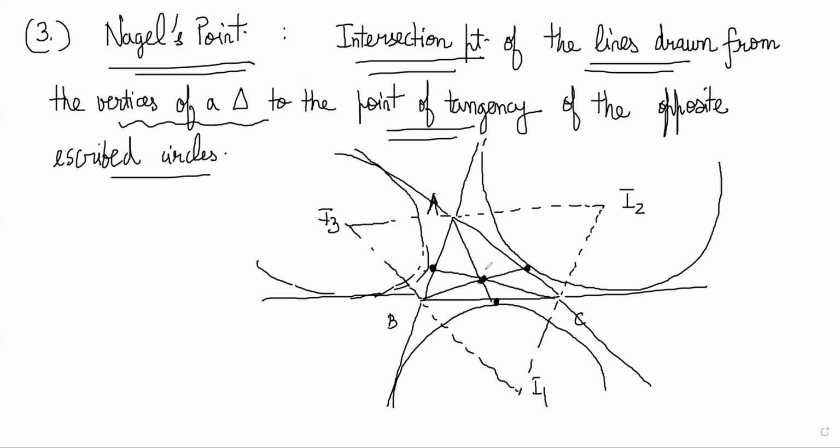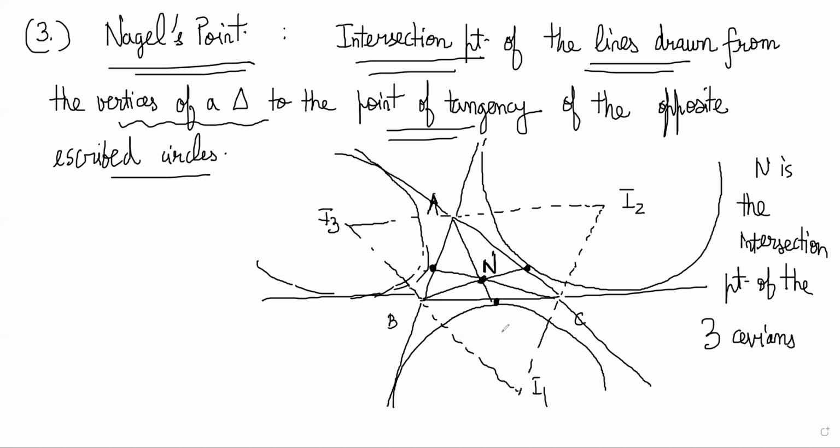And I have to prove that this point N exists. N is the intersection point of the three cevians. Let's call this D, E, and F. Three cevians AD, BE, and CF.